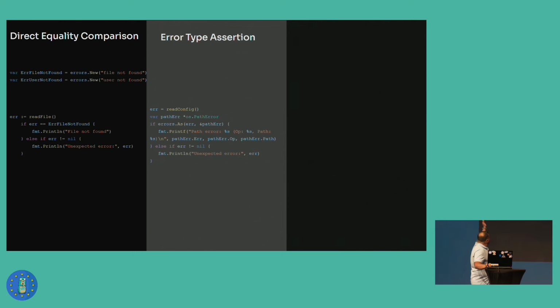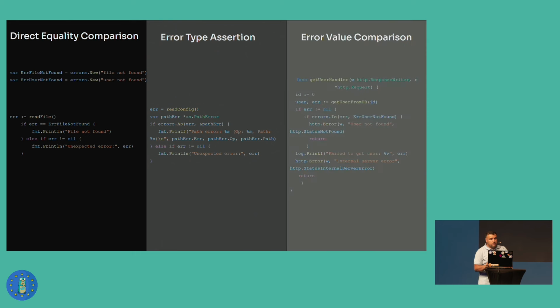Because sentinel errors are used for predefined errors like not found, user not found, file not found, and such kind of errors. The last one is errors.is for checking when you need to verify if an error matches a specific sentinel.